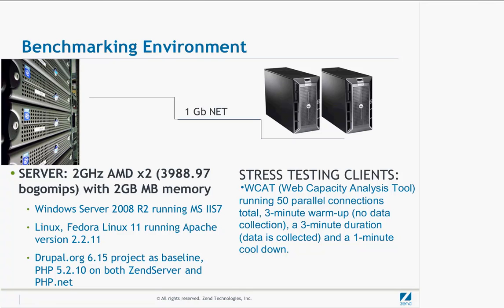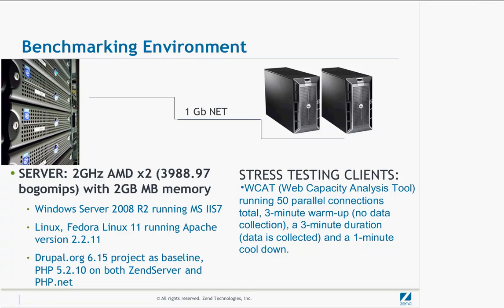Just as an overview of our benchmark environment, it's always good to know how the benchmark was done. This is the environment we used. In this Drupal benchmark, we compared several common PHP runtime environments and configs. The application used for benchmarking was Drupal 6.15, running on plain PHP 5.2. We also tested on Zend Server with the same PHP version.